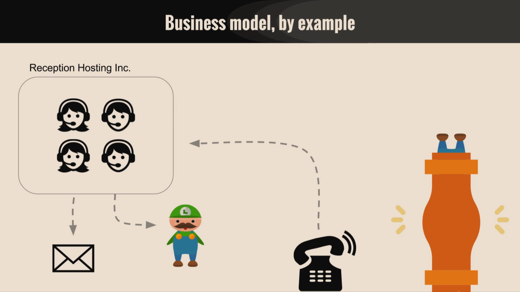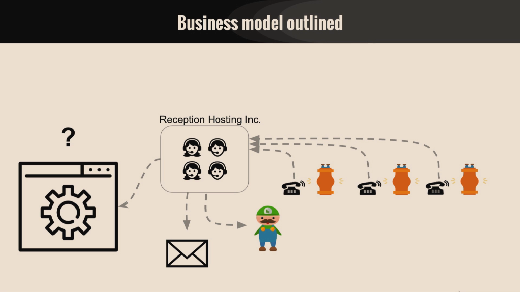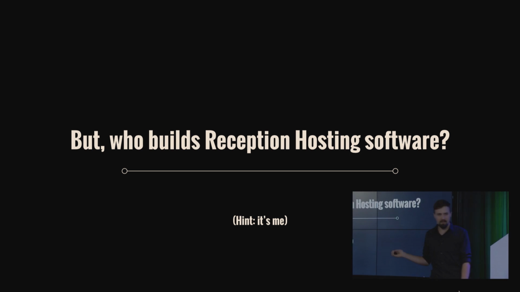And Reception Hosting Inc.'s business model is that they do this for many different companies, which all of them have their heads in tubes. But they need some software to actually realize this business model. And who does that? Okay, so yeah. Spoiler alert.